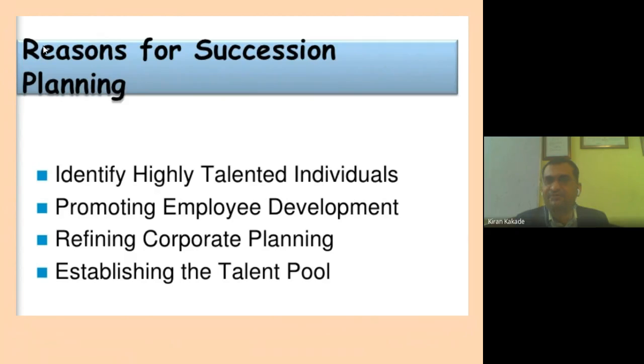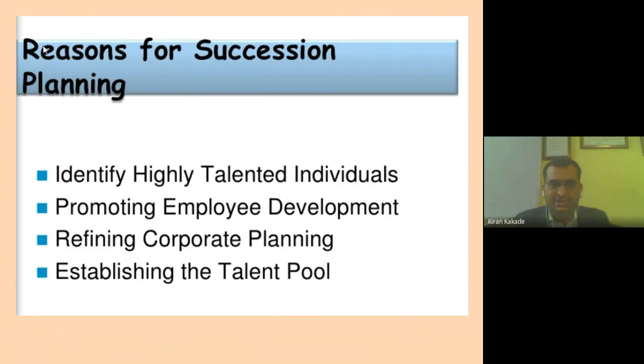That gap will be filled through some interventions, some training interventions, and that part is called promoting employee development. For long term development, that concept is called career development.